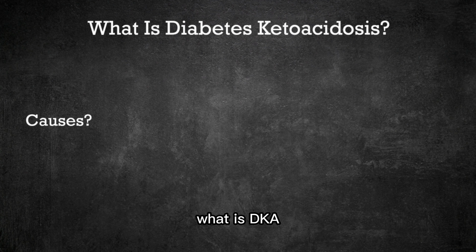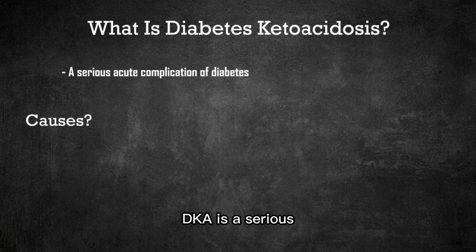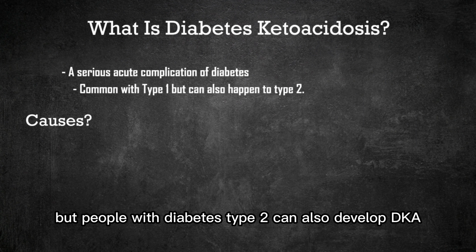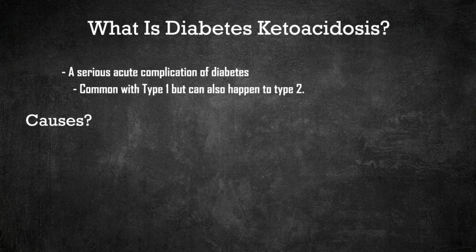Let's dive into the basics. What is DKA, or diabetic ketoacidosis? DKA is a serious acute complication of diabetes that is common among people with type 1 diabetes, but people with type 2 diabetes can also develop DKA.